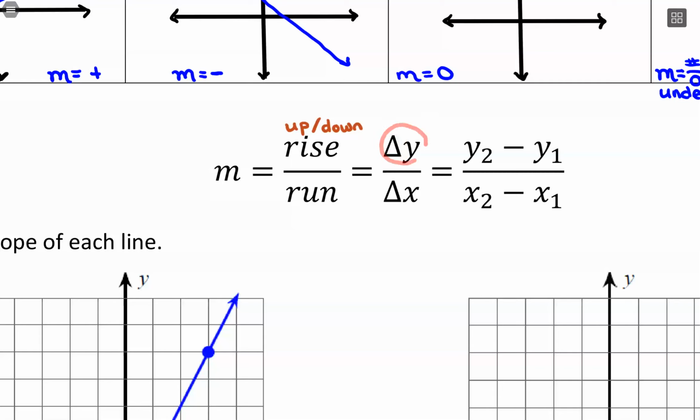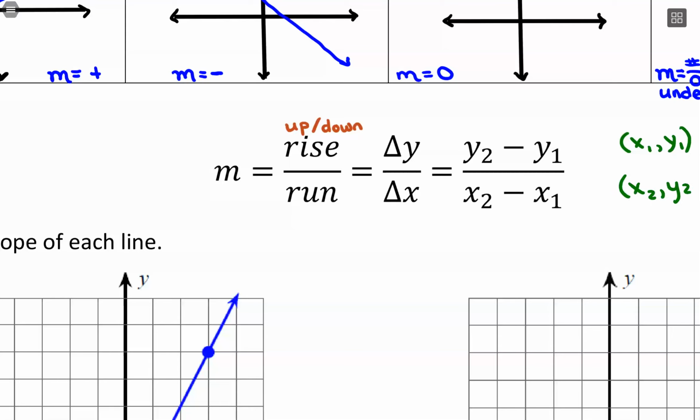So we're thinking about how y changes, which can also work if you have two coordinates. Say we had some coordinate x1, y1 and x2, y2. For that numerator, if we're trying to see how y changes, what we do is we take the difference between those two y coordinates that we're trying to match up. So we take the y value from coordinate 2 minus the y value from coordinate 1.